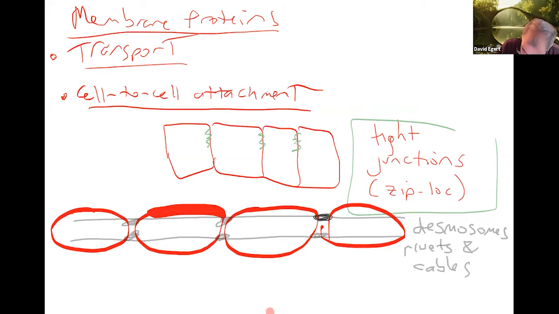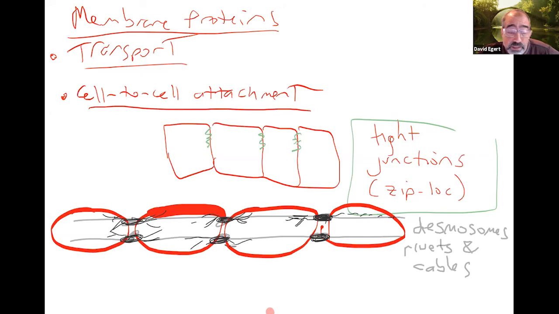So there's proteins that connect one cell to another in a very strong way. And then there's usually different protein filaments, the cables that I'm talking about, that kind of span and connect things within the cell as well to kind of stabilize these rivets to the cytoskeleton in the cell.